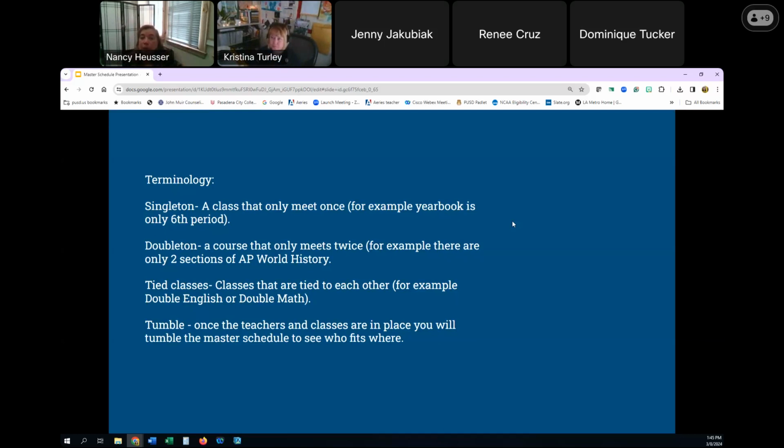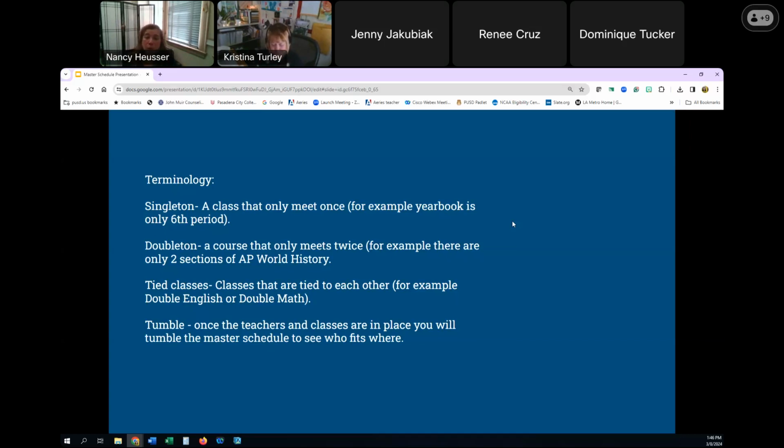So I would say look at all your singletons and then figure out if there are like 5 kids in there that have the AP English and you have the AP English in that same period, maybe we do move the AP English. Or maybe you're willing to sacrifice 5. Okay, well, 5 don't get yearbook then, right? Maybe that's not such a big deal. And like I keep saying, you're going to have to make those decisions.